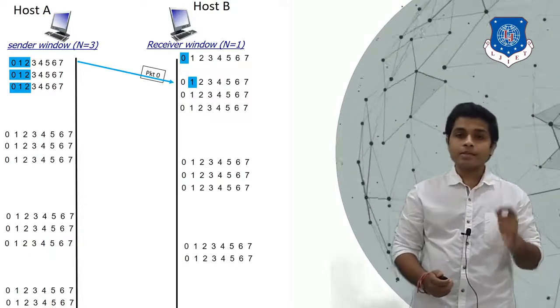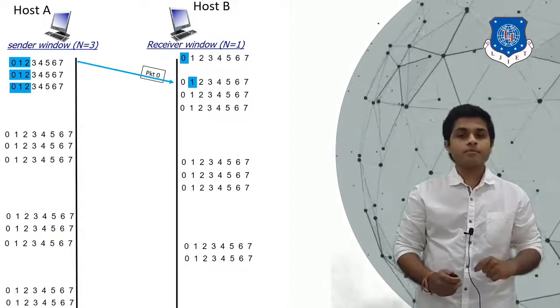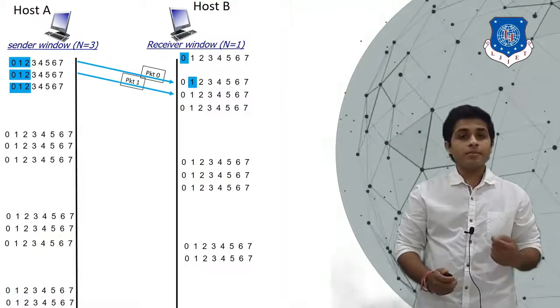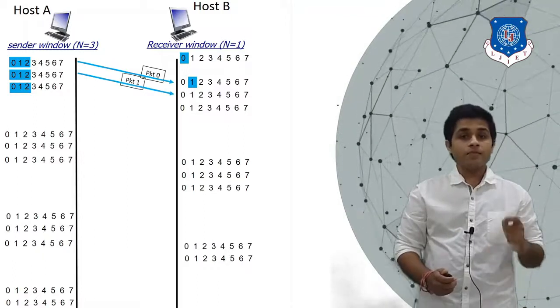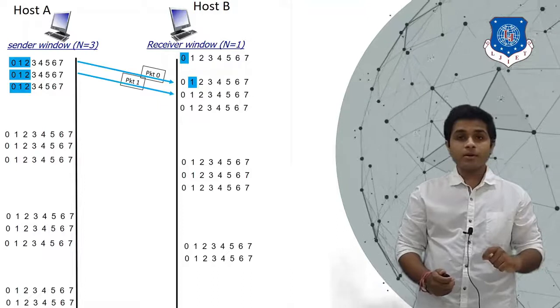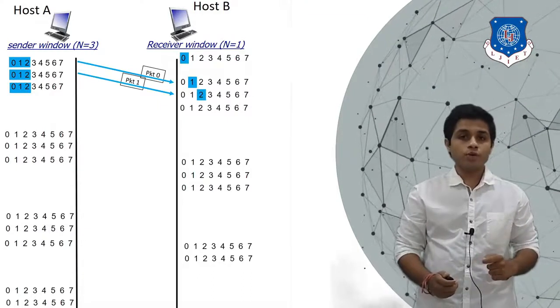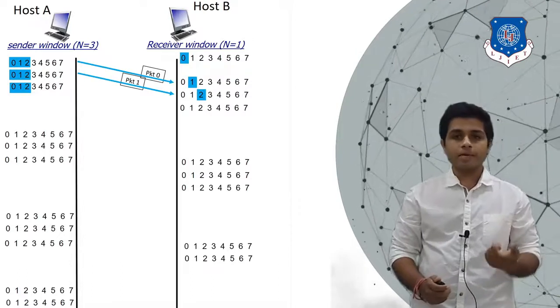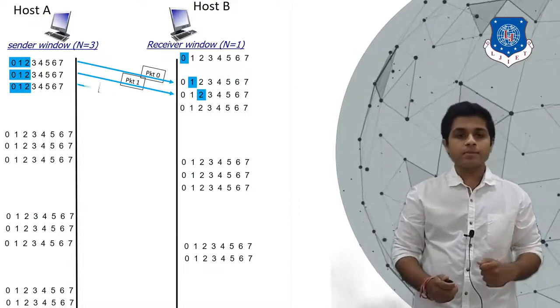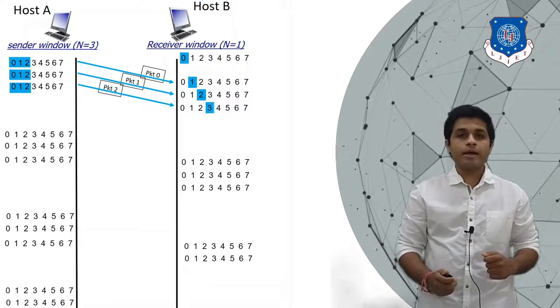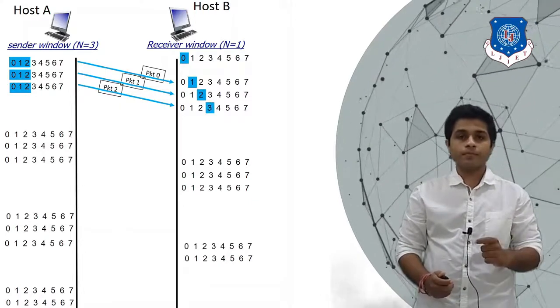For the next time it is expecting packet 1. After some time A will send the packet 1. When B receives the packet 1 which it was expecting, the window will slide from 1 to 2. So for the next time it is expecting packet 2. And after some time A will send the packet 2 and window will slide to 3.